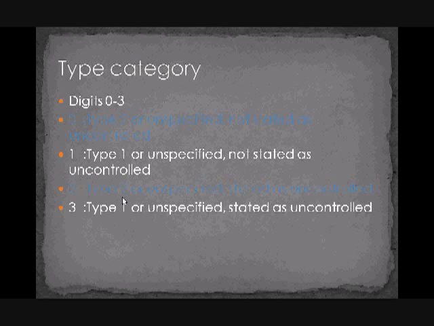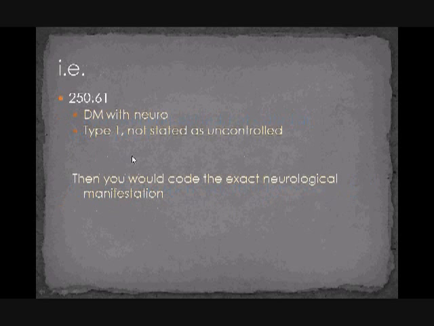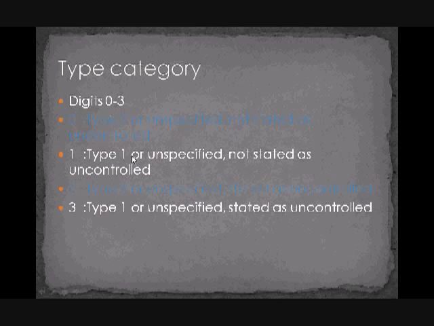Now, as far as the fifth digit goes, there are 4 possible choices, and they range from 0 to 3. Let's go back. 0 will be for an individual who has type 2 diabetes, and the documentation does not state that it's uncontrolled.